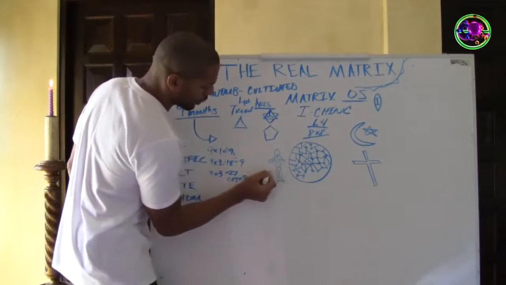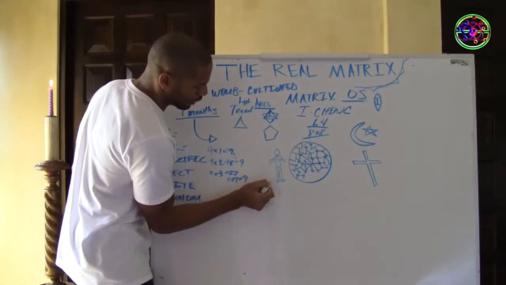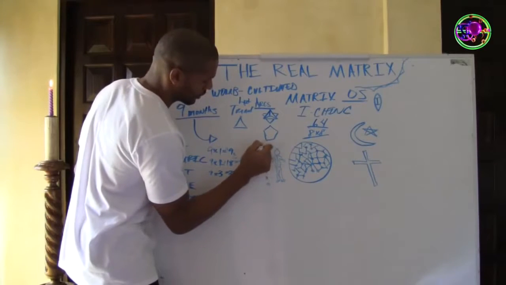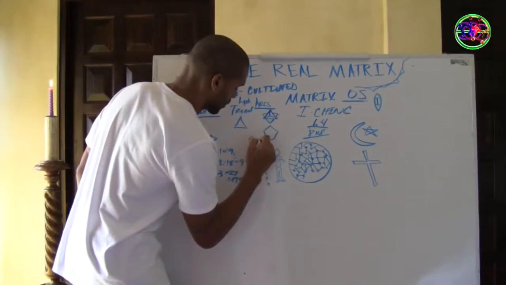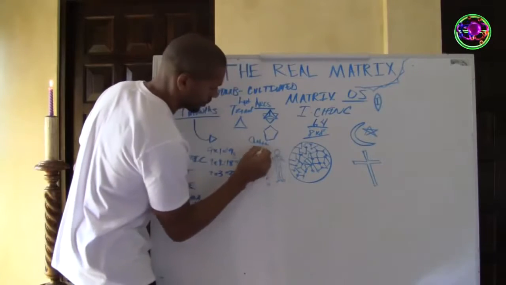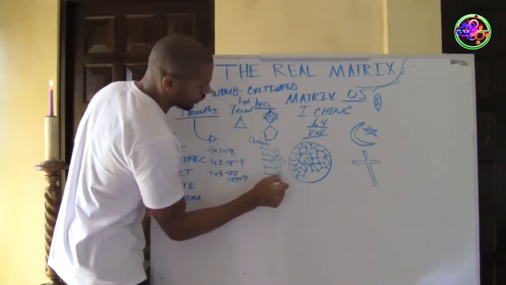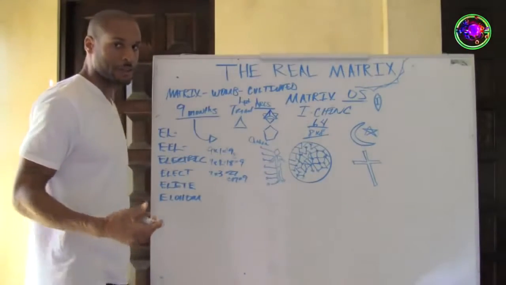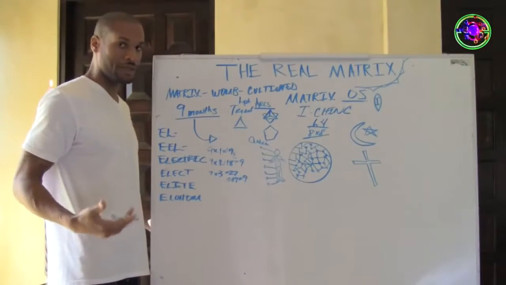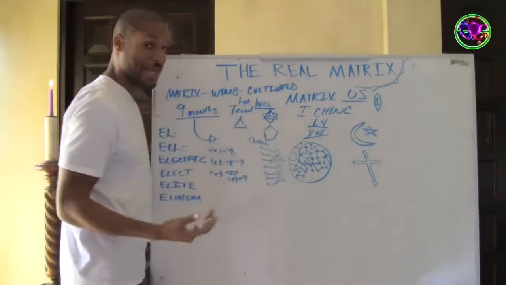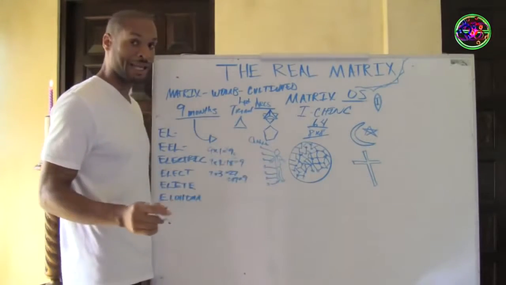Many people are familiar with the main power system of the human body, which is called chakra. And these chakras not only correspond to our organs, but they also correspond to many different parts of our body and even the planets. There's a chakra for each planet.